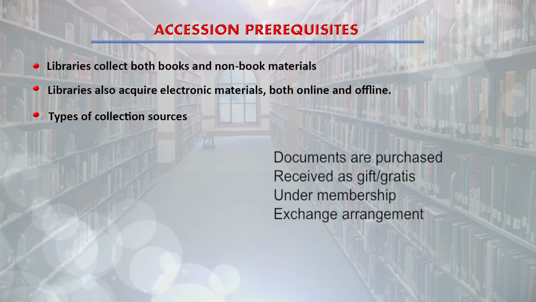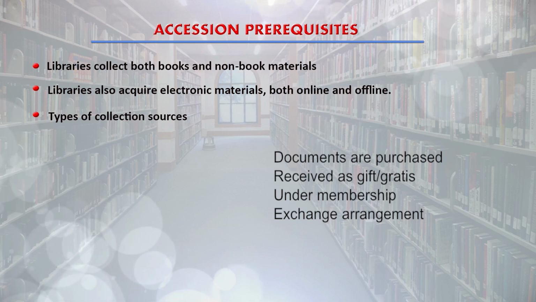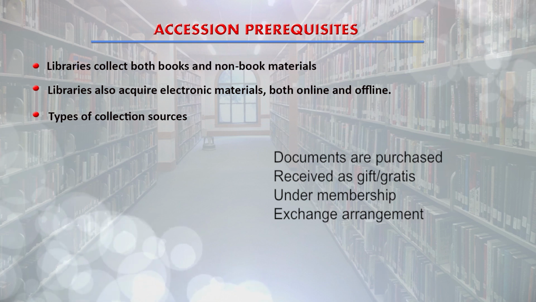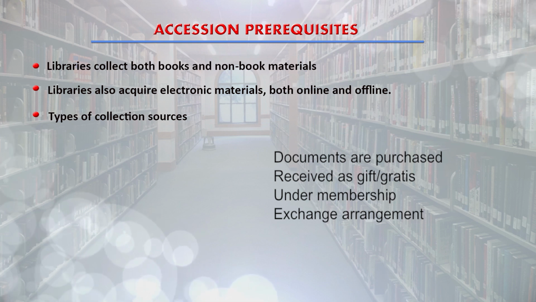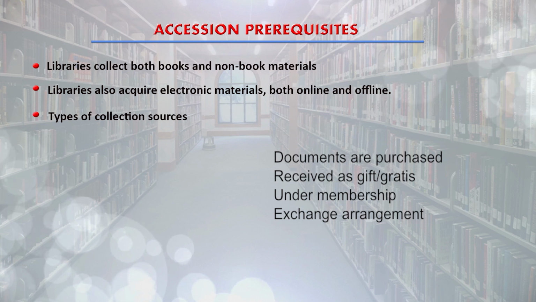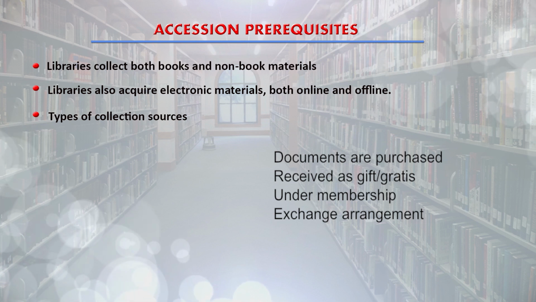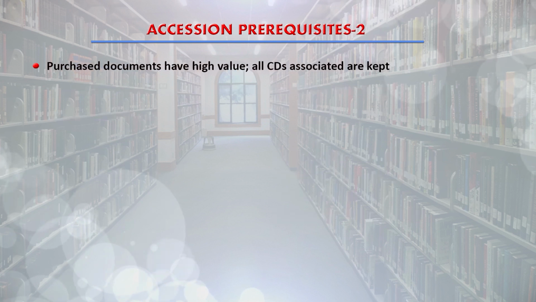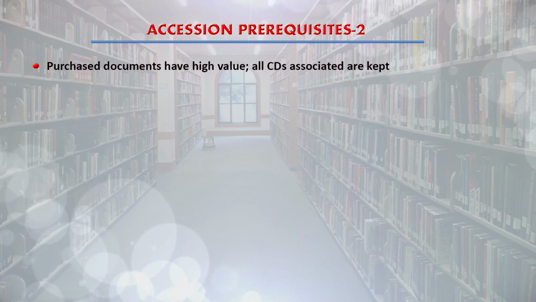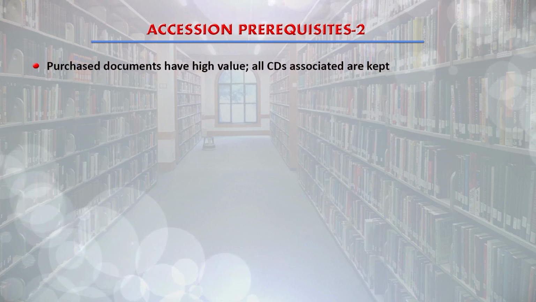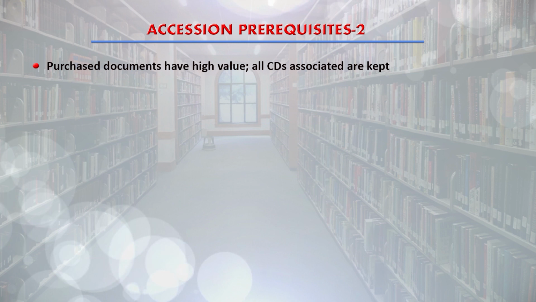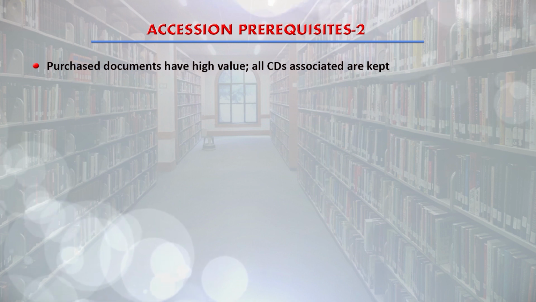Now, here we want to mention that not everything needs to be accessioned. A library may receive thousands and thousands of documents, but not all documents are required to be accessioned. Purchased documents are of high value, so they may be associated with CDs or maps or some other charts.